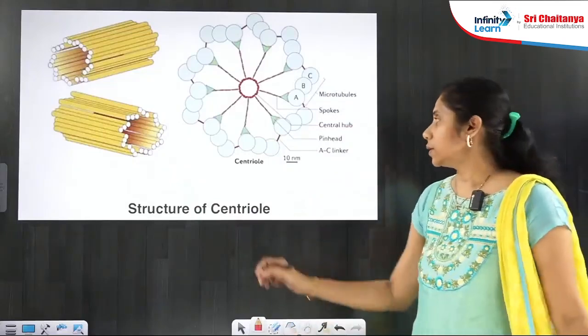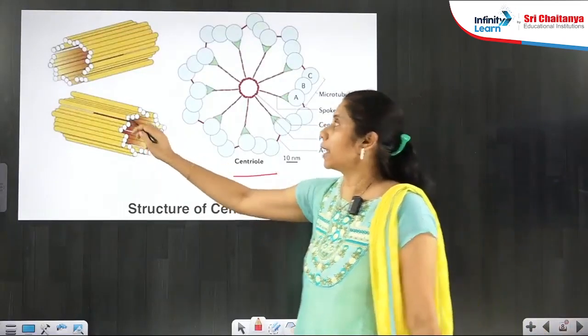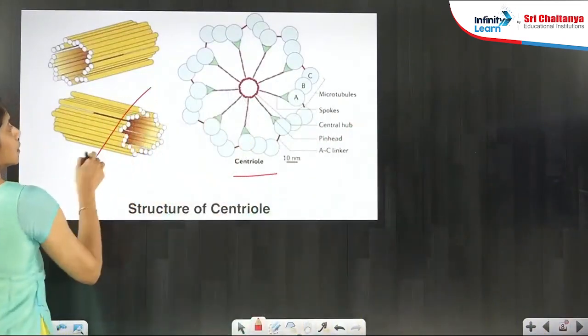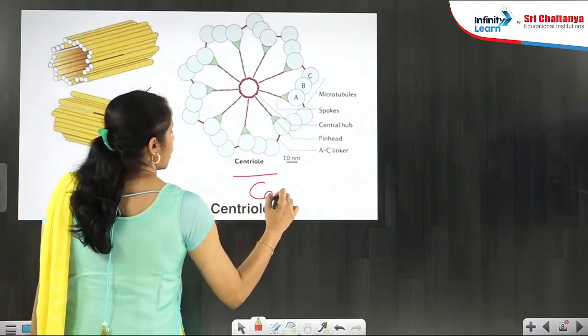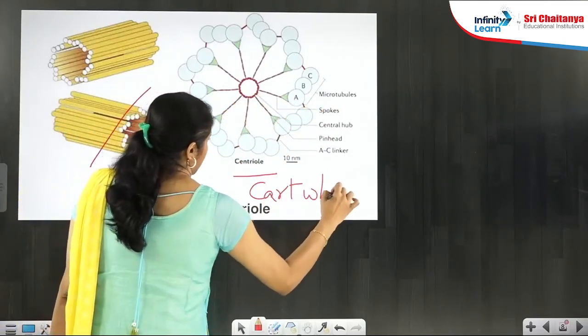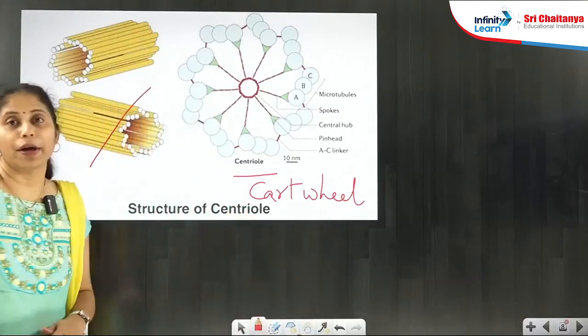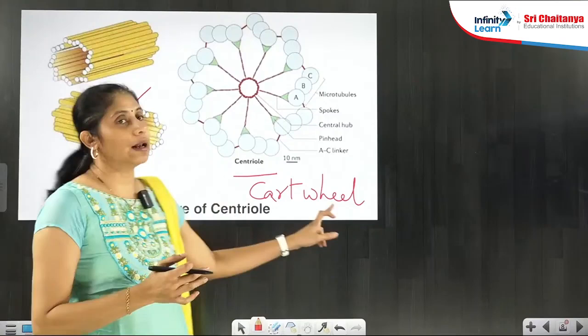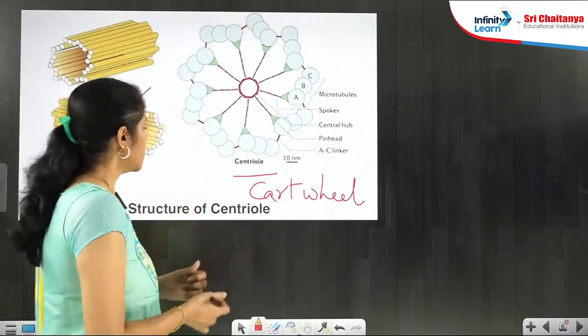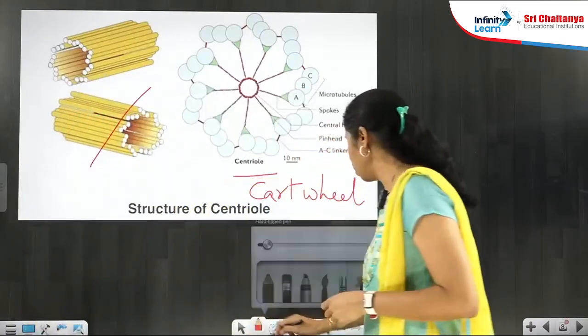All of you can see this. This is one centriole. When you cut this transverse section, you will see this kind of appearance. It will look like a cartwheel. So, each centriole shows the cartwheel-like appearance, and each centriole is made up of microtubules.